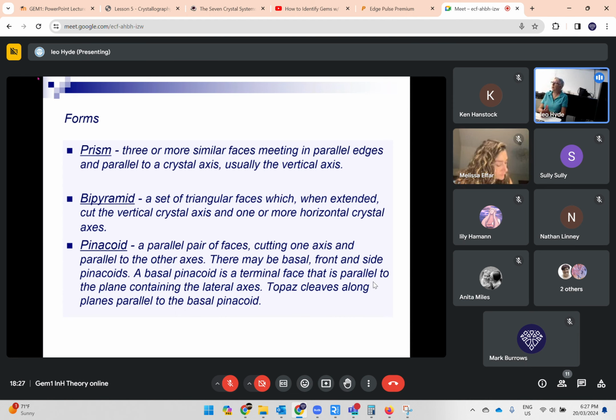So the reason we might have 6 sides is because, as I explained last week, we have prism faces. Instead of having 6 faces that react the same, we only have sometimes 3 faces that react the same. So we have 2 sets of 3. So it doesn't always react like if we had 6 equal faces.